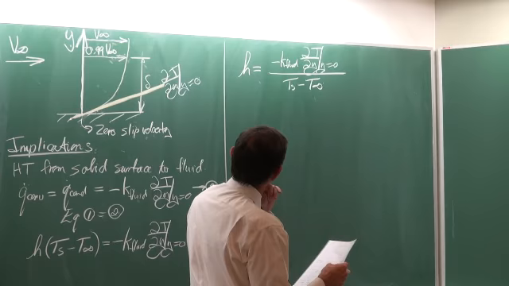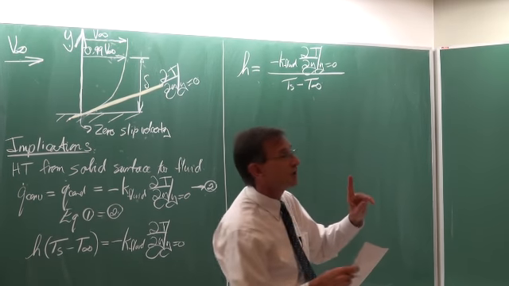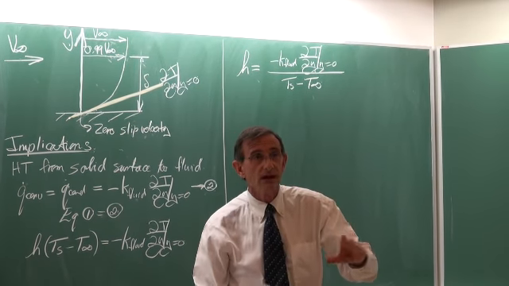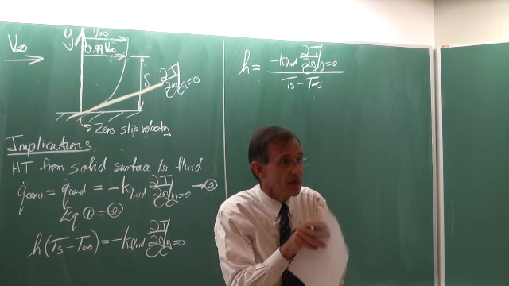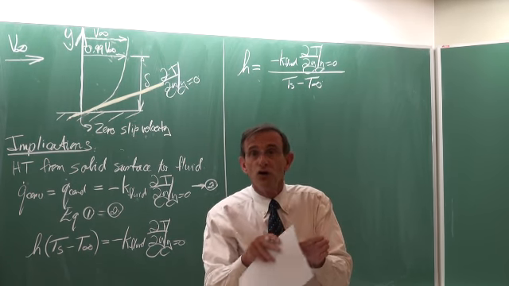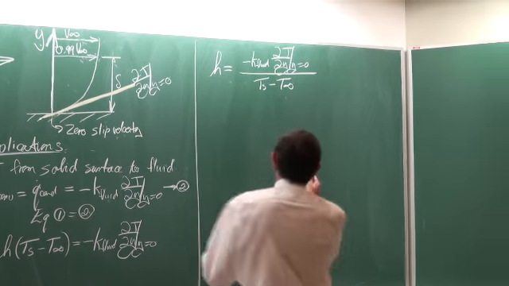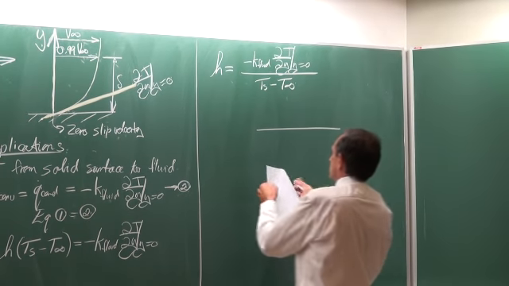Now, in general, what is also important to realize is that the heat transfer coefficient is not a constant. It is actually a function of position. Again, let's look at the flat plate case.